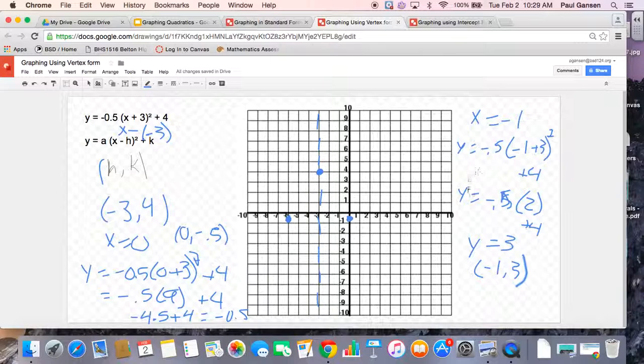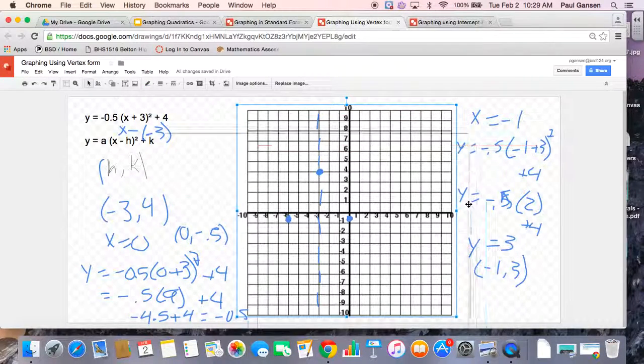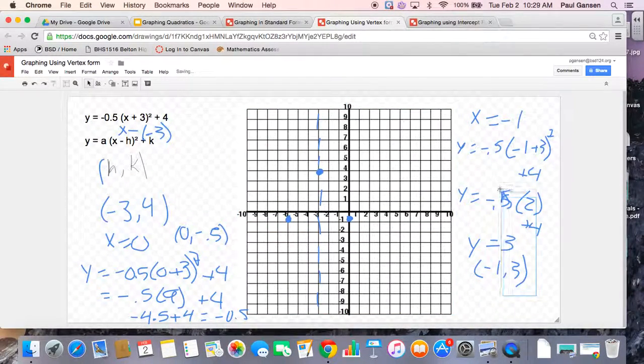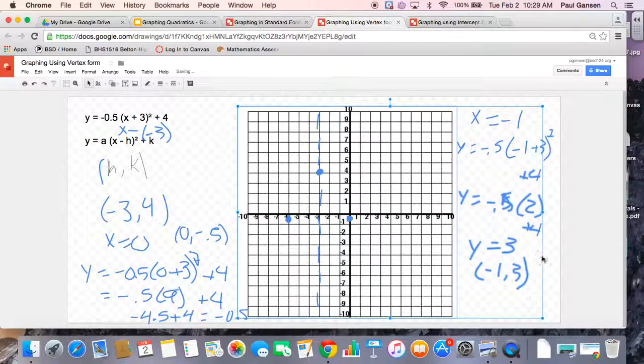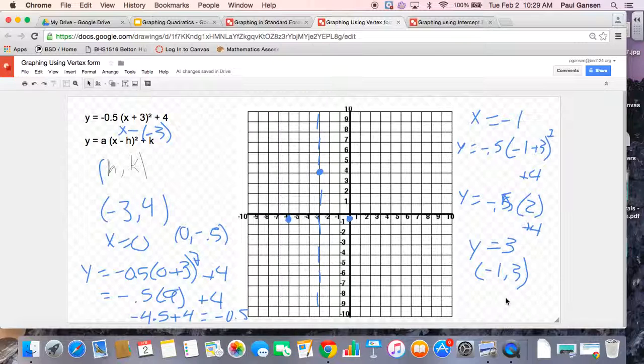I think I made a mistake here somewhere. 2 squared is 4. Okay, here's my mistake. I did my steps just a little bit out of order. Here's the fix: y equals negative 0.5 times (negative 1 plus 3) squared plus 4.